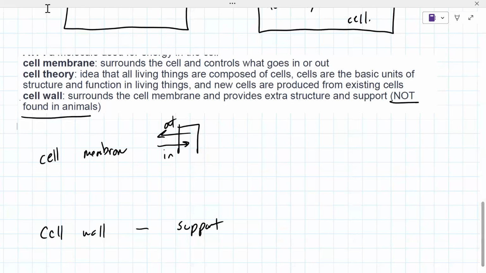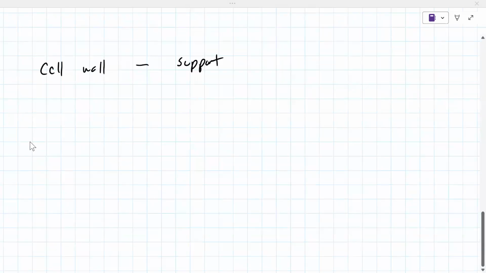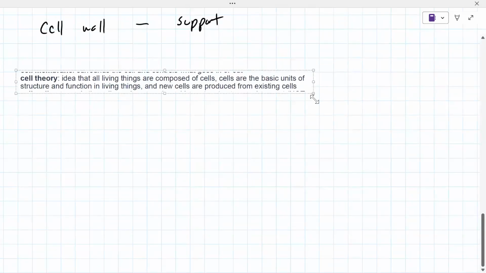Okay, so remember how we were talking about this idea of making some note cards? Yeah. Okay, so I still recommend that you make them. I was going to even suggest that you make them during our lesson because that would help. Cell theory is like a perfect note card.